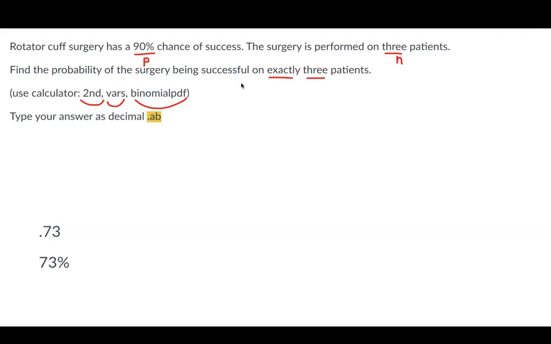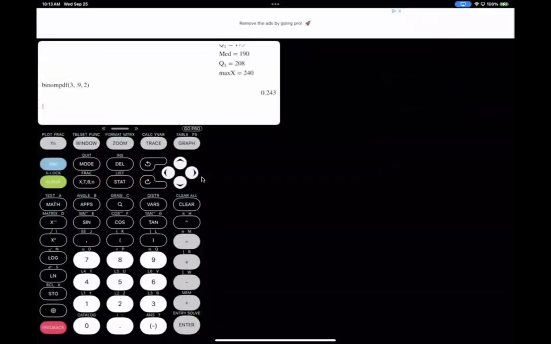So let us go back here. Very good. You go to second, and then you click on VARS, everyone. And you need to go further down to find your binomial PDF because it is exactly. Binomial PDF is the one that you're looking for.